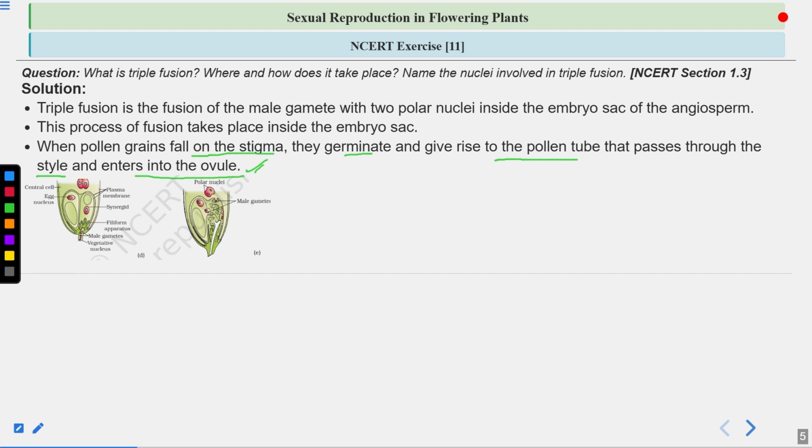If it is not compatible, then there will be no chemical dialogue between the pollen grain and the stigma. Self-incompatibility phenomena I am talking about. That also occurs at the same time. But if it is compatible, then the stigma will release chemicals, hormones that are helpful for the pollen grain for the germination process. Okay. So the pollen grain germinates at the stigma.